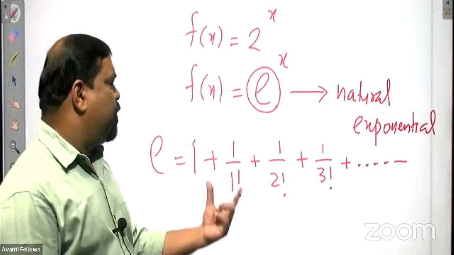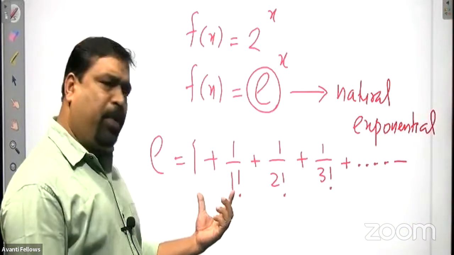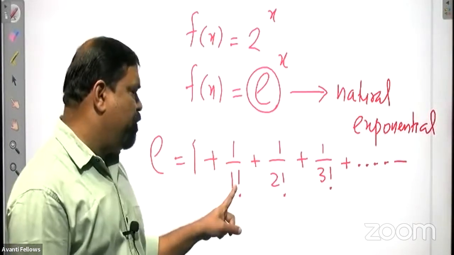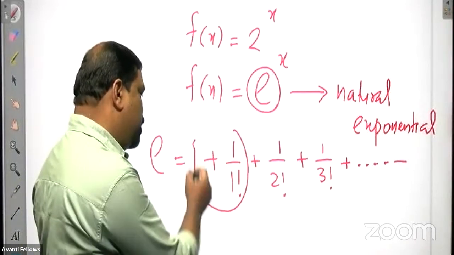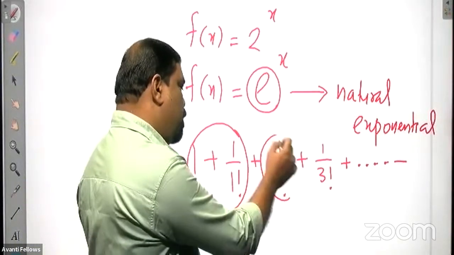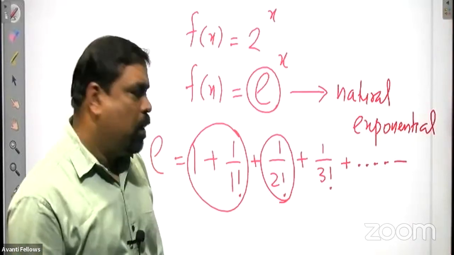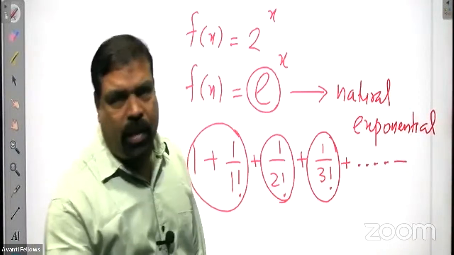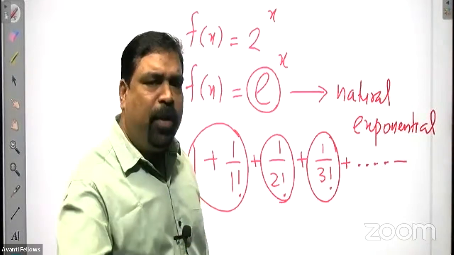So this e is coming from this series. If you calculate the value of e, you can find an approximation. 1 plus 1 by 1 factorial means 2. If I also take 1 by 2 factorial, which is 1 by 2, you get 2.5. If I add one more term, 1 by 3 factorial, which is 1 by 6, you get a value greater than 2.5.